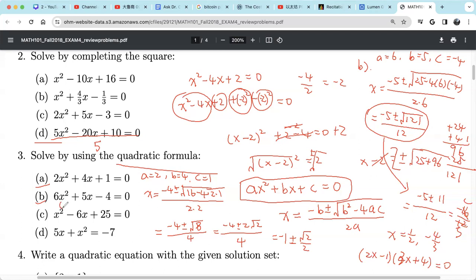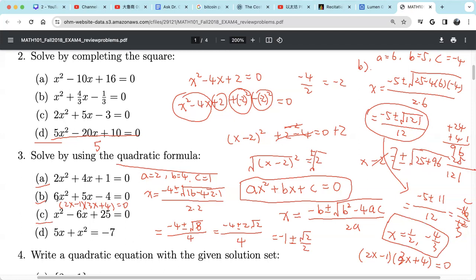Indeed, if you try to factor this, we get 2x minus 1 and 3x plus 4 equals 0. 2x times 3x is 6x squared. -1 times positive 4 is -4. The middle term comes from -1 times 3x, -3x, and 2x times 4, positive 8x. Positive 8x minus 3x is indeed the middle term 5x. So whenever the solution is rational, that means the original equation can be factored.